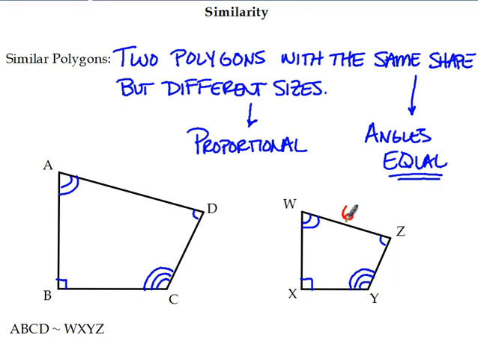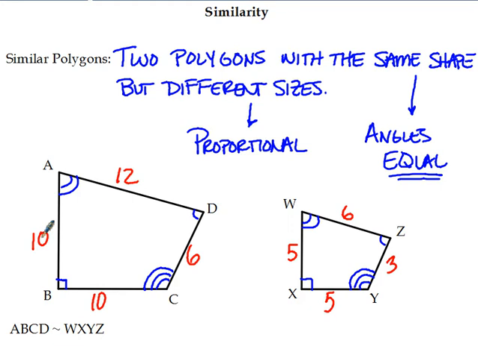If the bigger figure is twice as big, that means this side is going to be 12. If this side over here is 3, then that means this one would be 6. If these two were both 5, then that means that these would be both 10. Okay, so if it's double, then that means all the sides are doubled. But the angles, again, are still the same. The angles are equal. That's what keeps the shape the same.